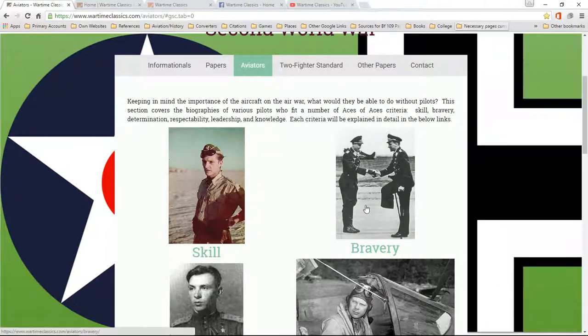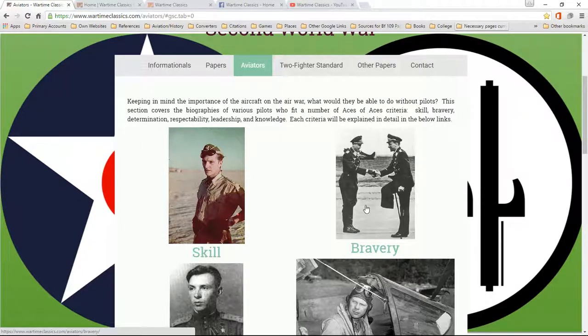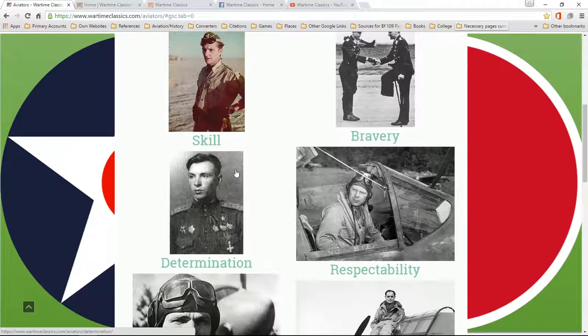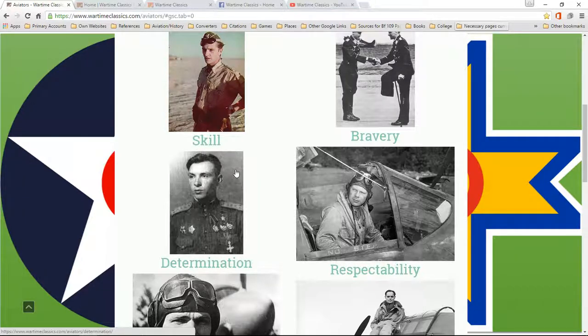of how willing is the pilot to go and, I guess, engage in dangerous situations for his comrades, for his country. Determination is somewhat similar, but this one is more of how willing is the pilot to go out and fly and fight, or actually try to get to a position where he can fly and fight, especially in the case where he's in a position where it's virtually impossible.